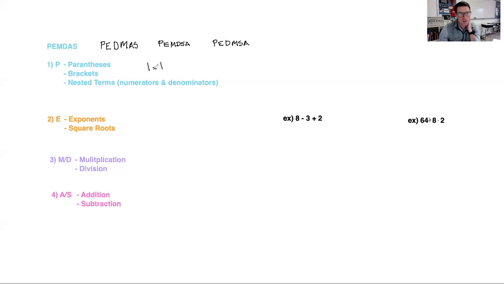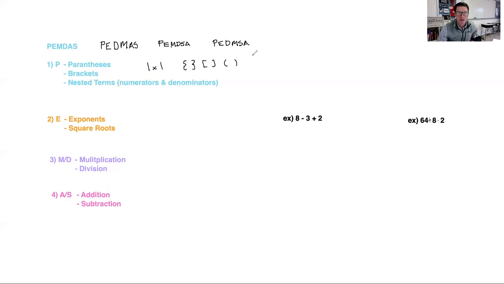So these are considered grouping symbols. These braces, brackets, parentheses are all grouping symbols and they fall under P. So if I have any of these, I need to do them first. You'll notice that P always comes first.